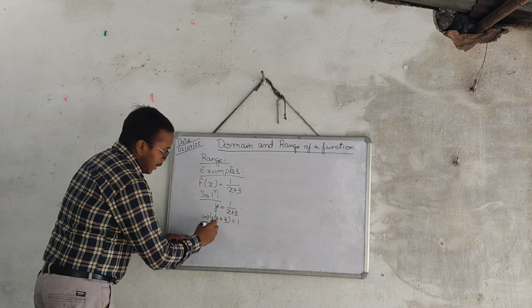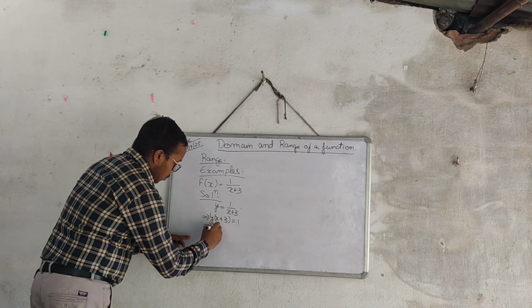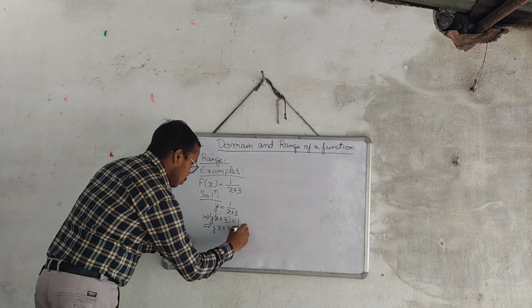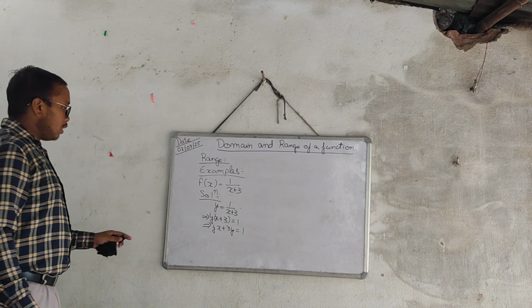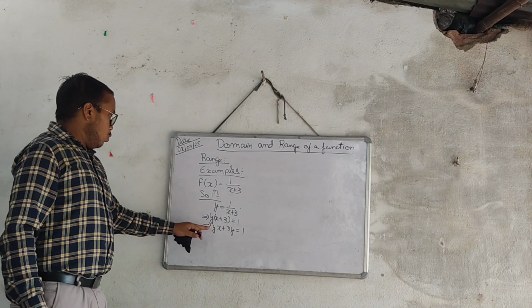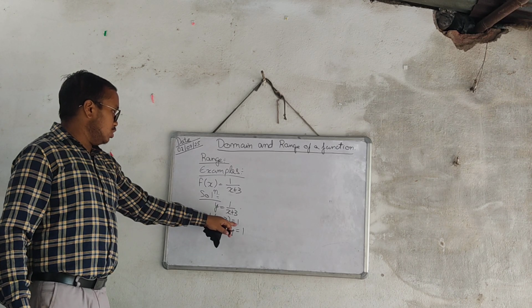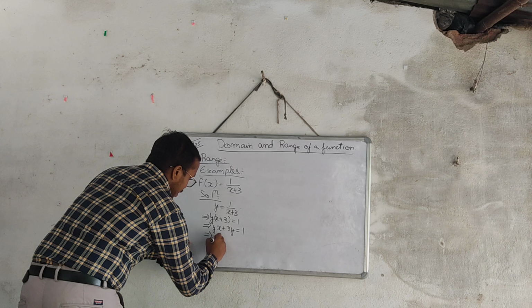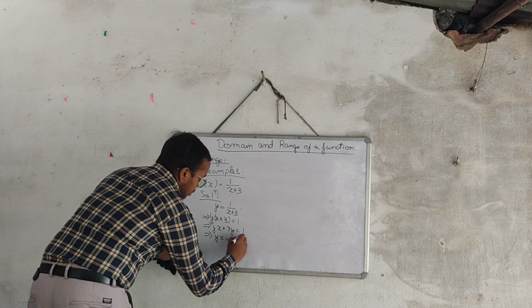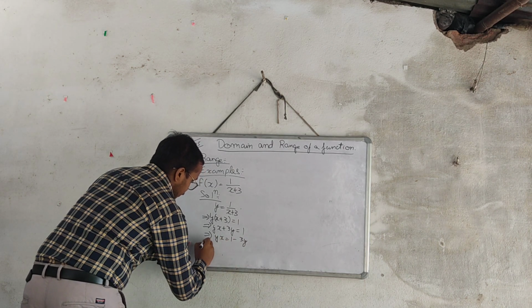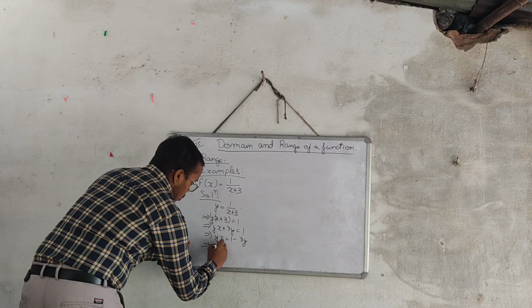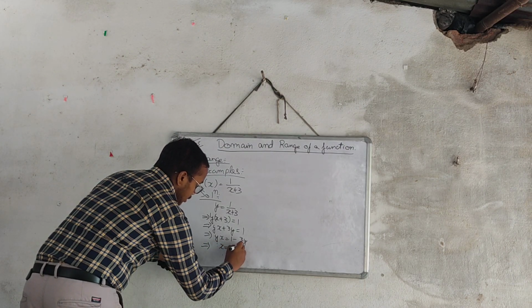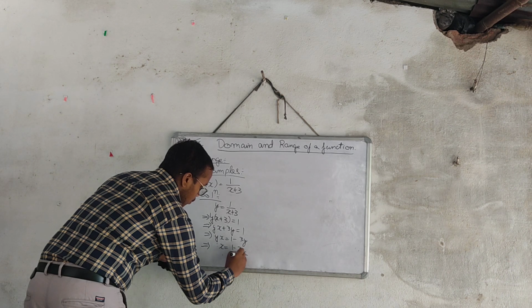Now we'll open the bracket, yx plus 3y equal to 1. Here we'll express this equation in terms of y. yx is equal to 1 minus 3y, which implies x is equal to (1 minus 3y) by y.